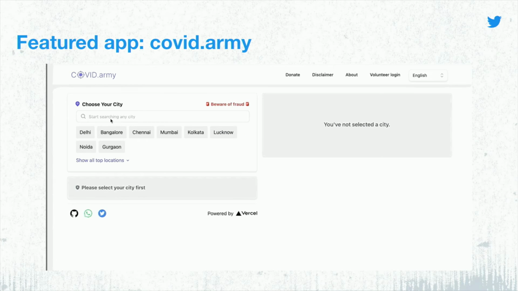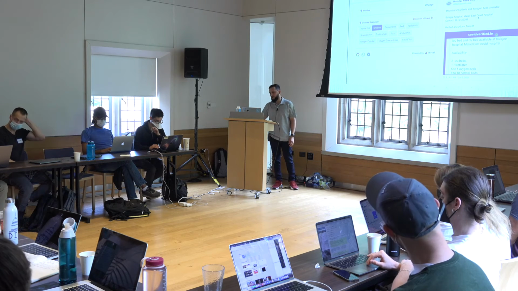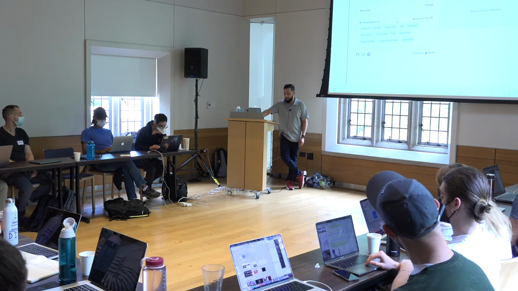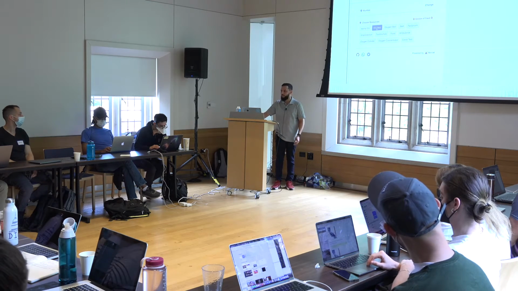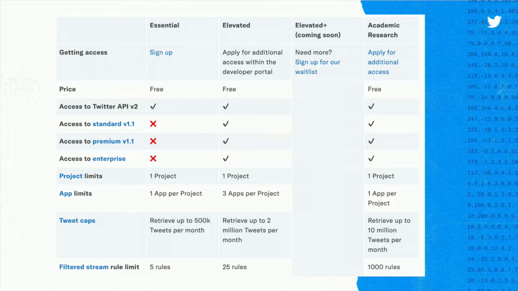And that's how they were using the Twitter API for this type of crisis management situation, right? This is, again, just one such app. There are countless other apps like this that people built on top of the Twitter API for this crisis situation, right?